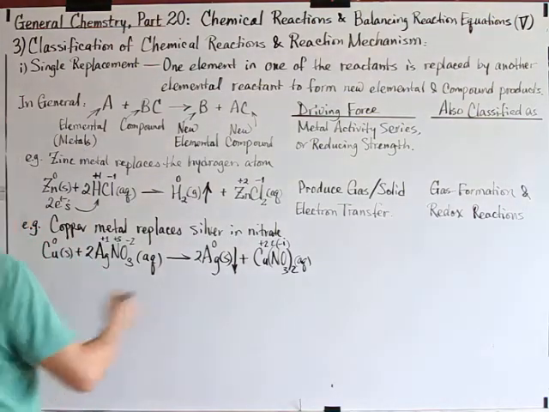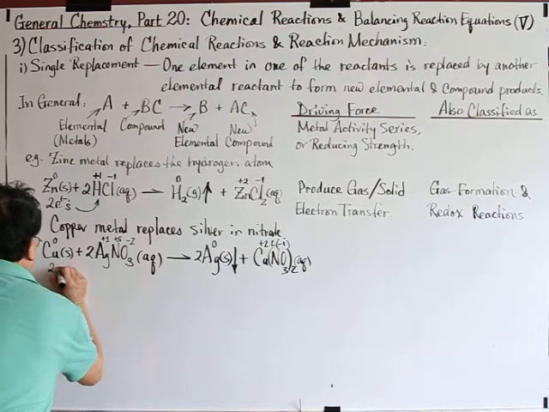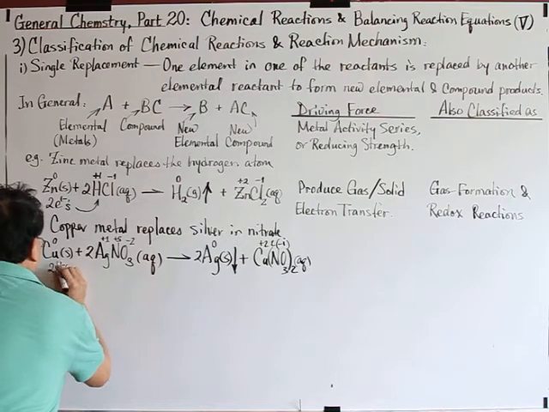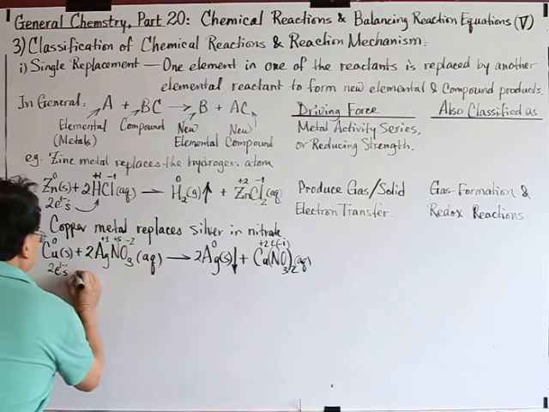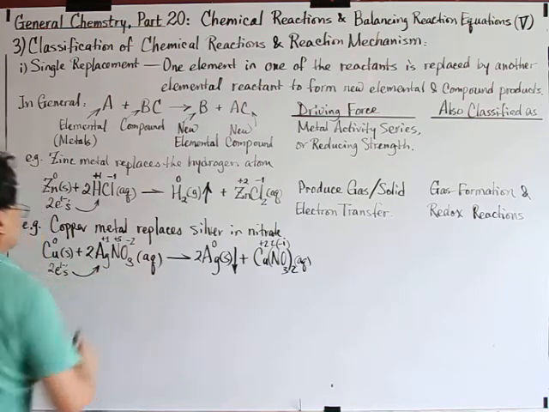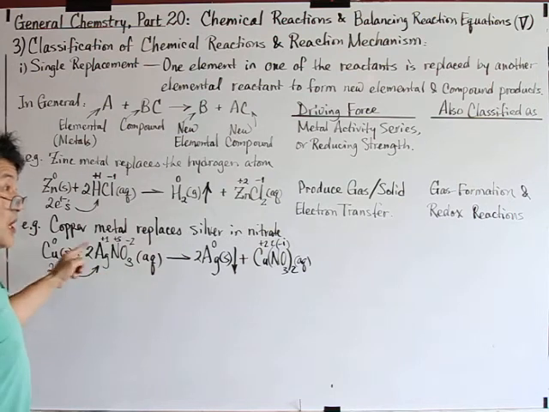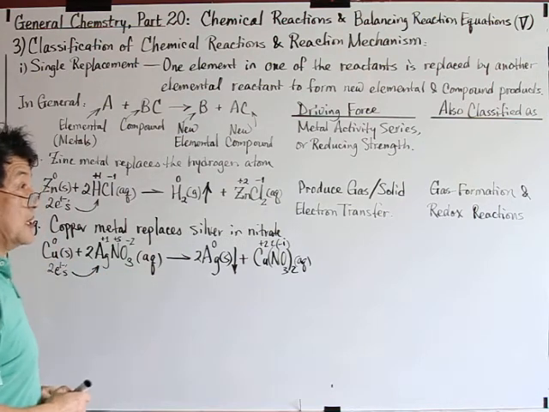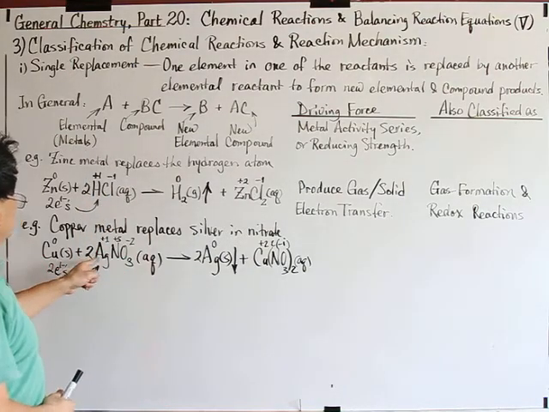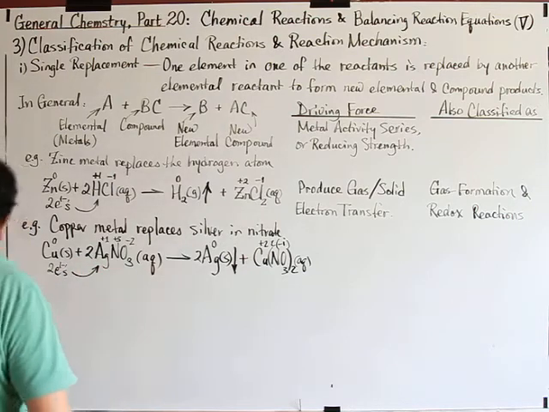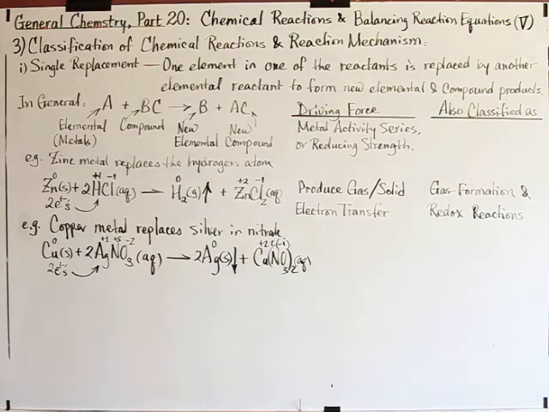So how many electrons? The copper becomes 2 plus, right? So there are 2 electrons. 2 electrons go from the elemental copper to who? They go to the silver in 2 formula units of silver nitrate, replacing both silvers with more electrons, and then reduce the silver plus 1 into silver 0, and then metallic silver comes out of the reaction.